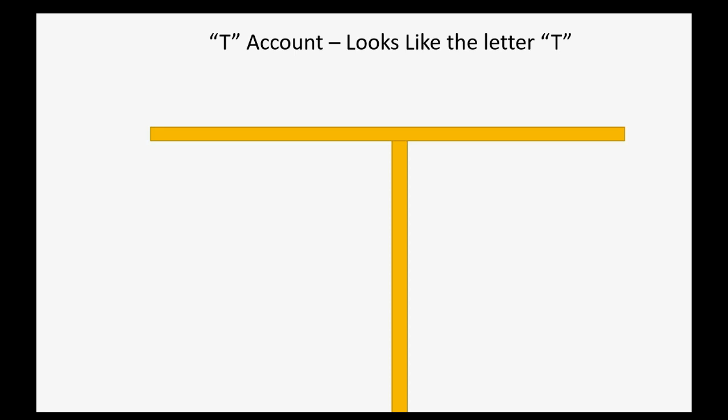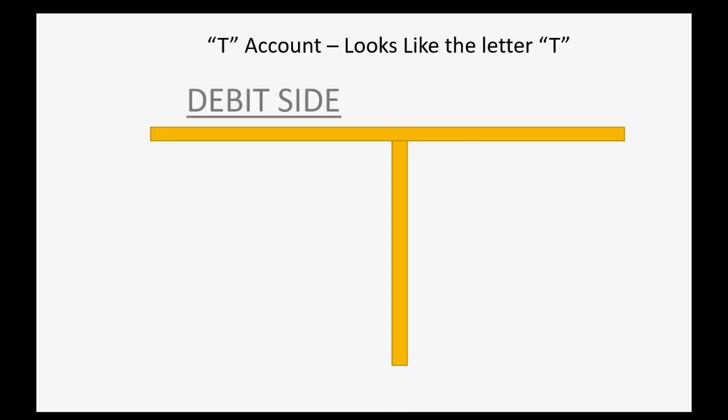Now a T account looks like the letter T, hence the term. And like everything else in the physical universe, a T account has a left side and a right side. Now, here's where the words debit and credit come into play. The word debit simply means left side. The original meaning of the word debit comes from Latin, and all it means is left or left side.